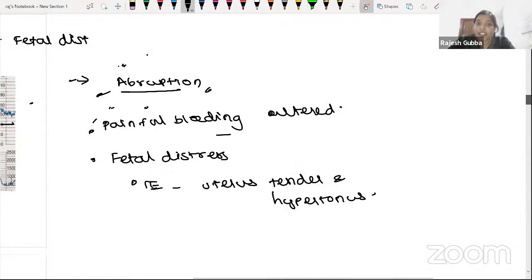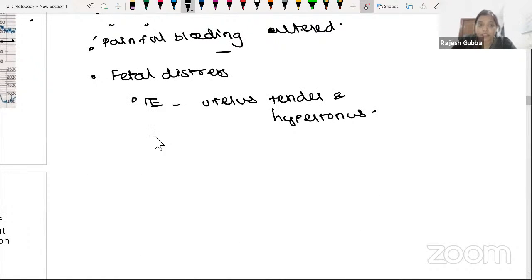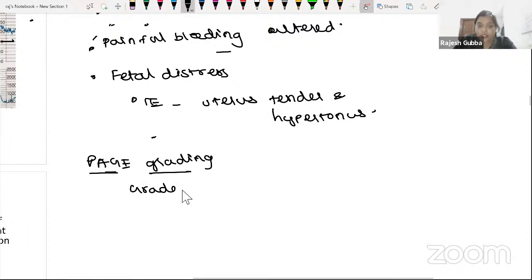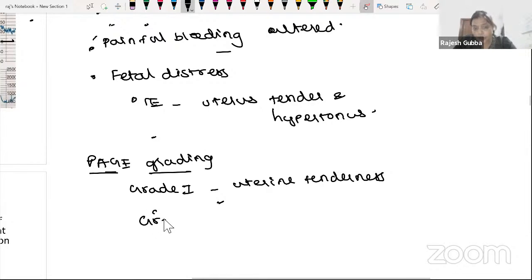You also have a classification for grading of abruption. Page grading for abruption is: grade 1, uterine tenderness. Grade 2, fetal distress, fetal death.